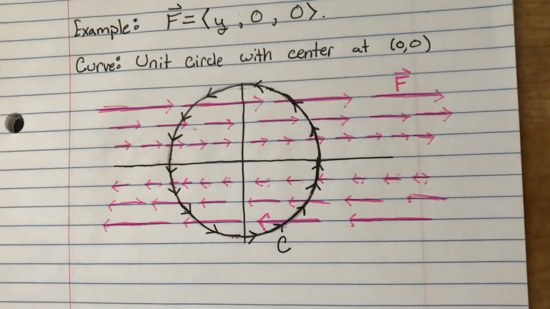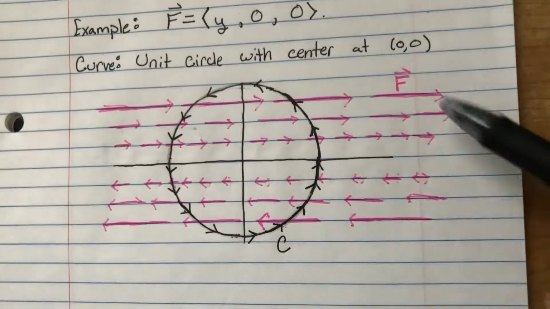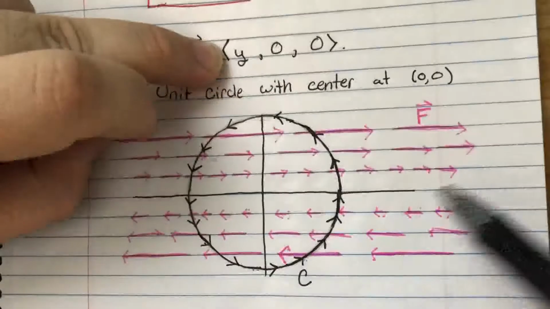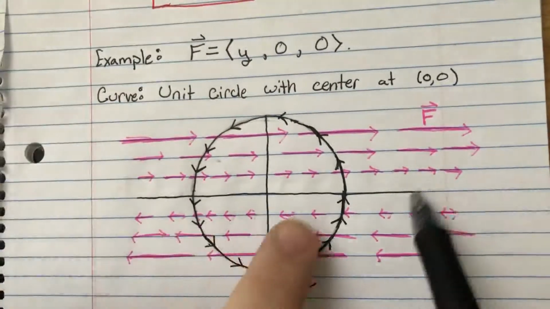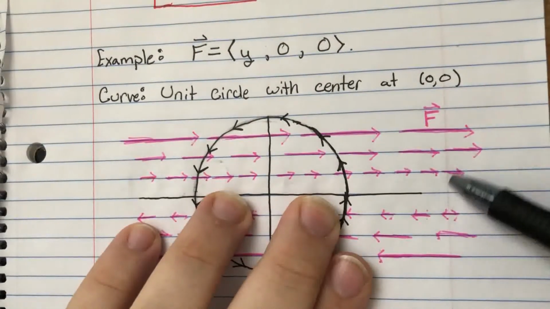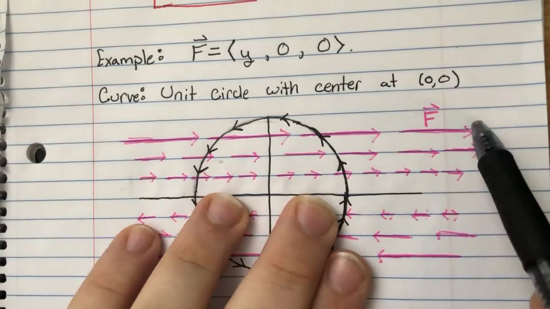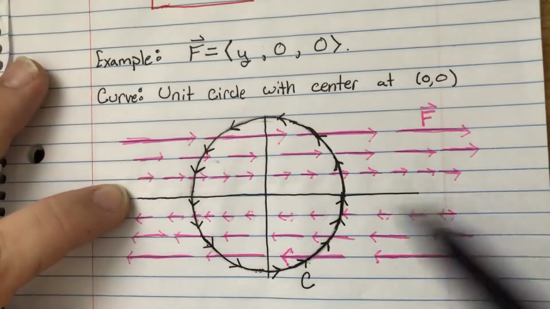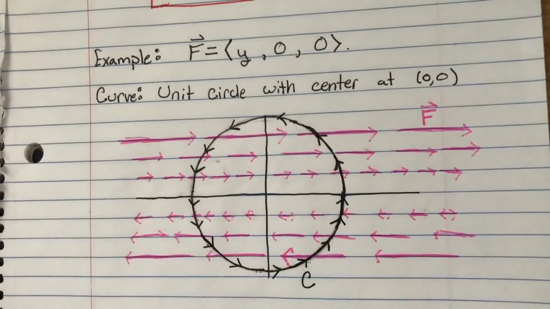This is what that would look like. So the vector field f changes strength as you go up. It's going in the positive x direction as you go up this way, and it gets stronger. And it goes in the negative direction when you go down this way, and it gets stronger the farther down you go.